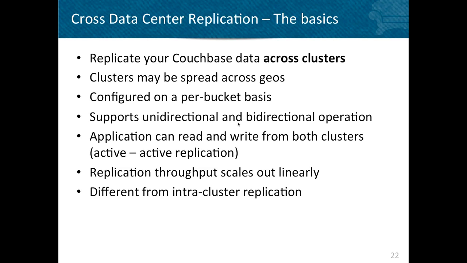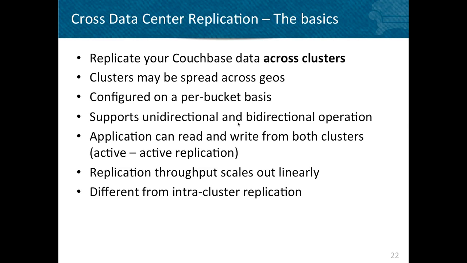It is multi-master, where writes and reads can happen to both clusters independently. There is some very simple conflict resolution in the event that you write to two locations at the same time. But most of our use cases and customers find that you won't be writing or changing the exact same pieces of data at the exact same point in time.